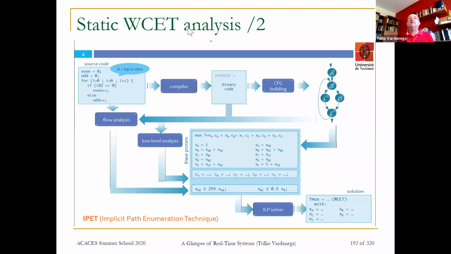There are techniques and tools to do it. For example, this slide is coming from a group in Toulouse that have developed a non-commercial tool called Otawa that does this. And again, it assembles the pieces.